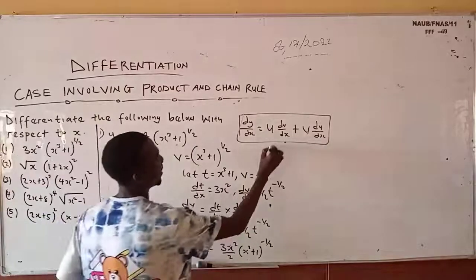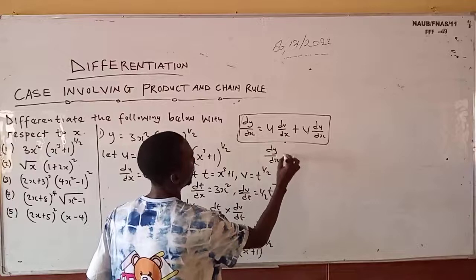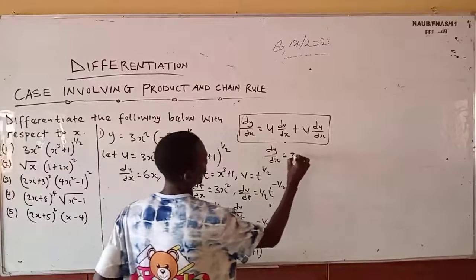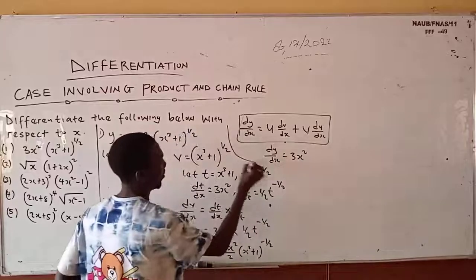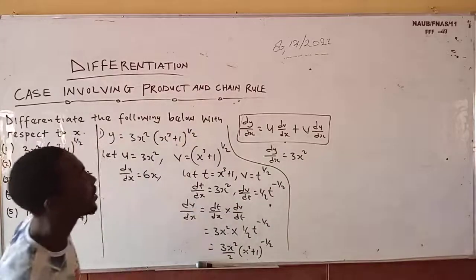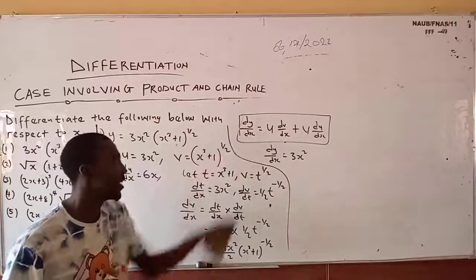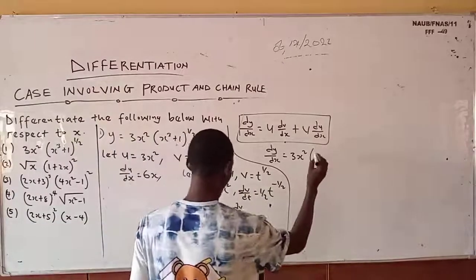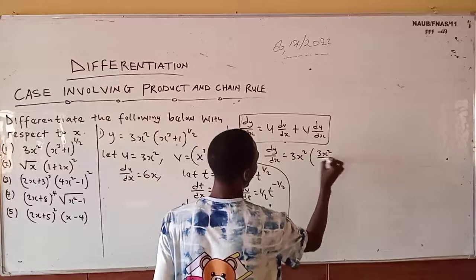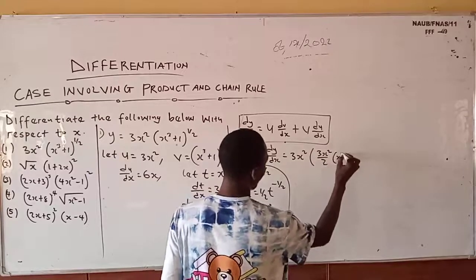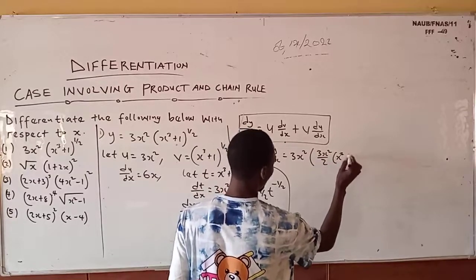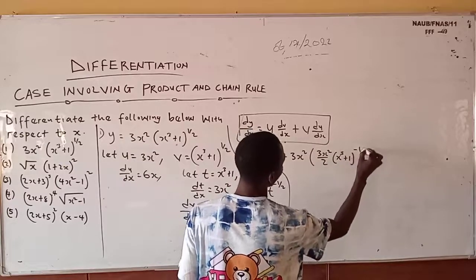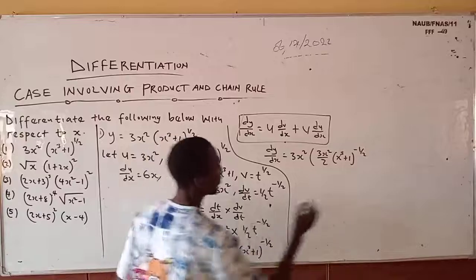So dy/ds will be equal to u. What is u? u is 3s squared. Multiply dv/ds. What is dv/ds? dv/ds is 3s squared over 2 into s cubed plus 1 all to the power of minus 1 over 2.